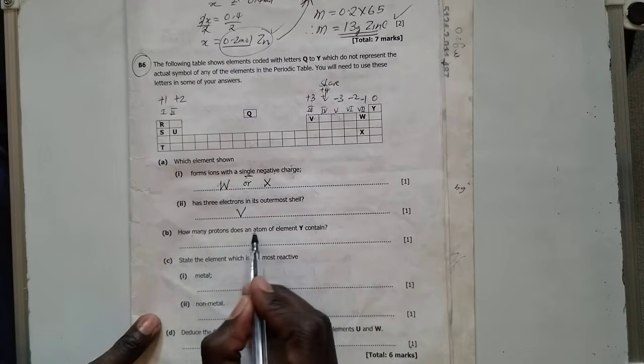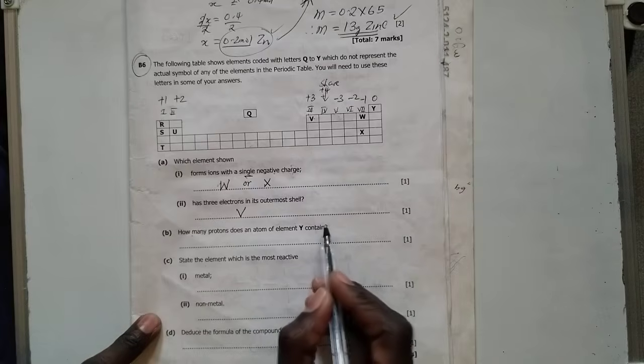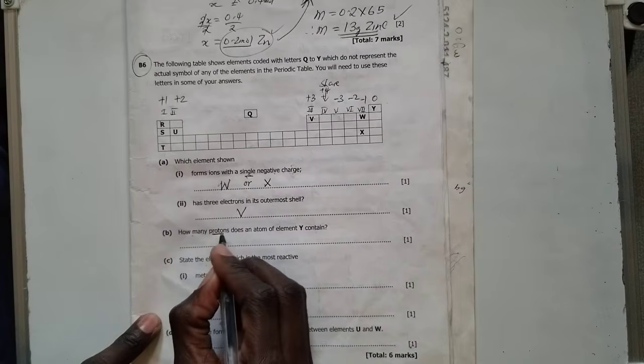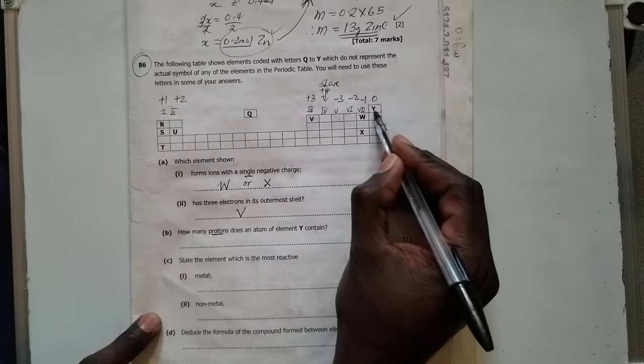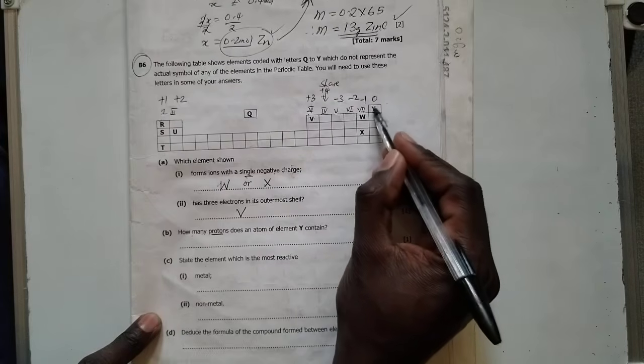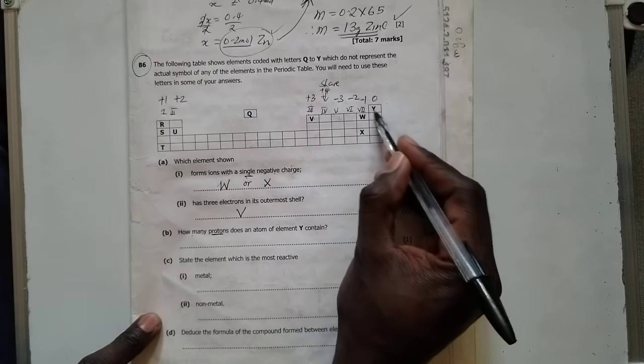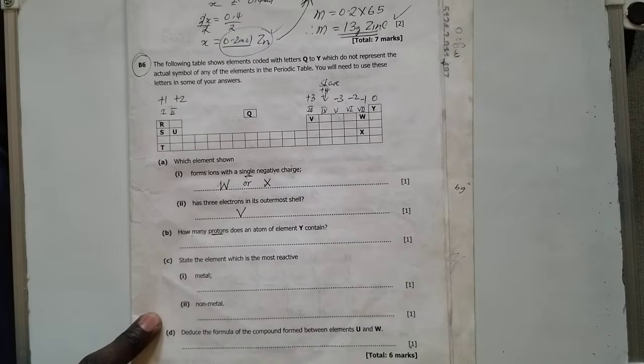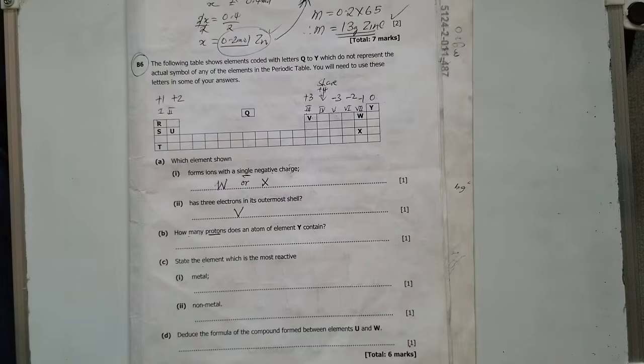How many protons does an atom of element Y contain? So they are talking about how many protons of element Y. You need to go on the periodic table and check this element Y. If you check out what element Y is, you are going to find that it is actually helium.